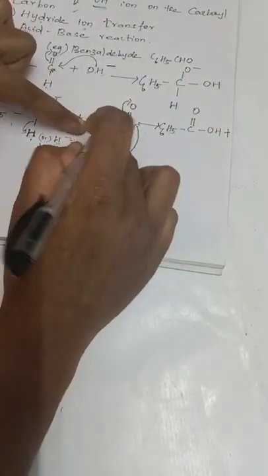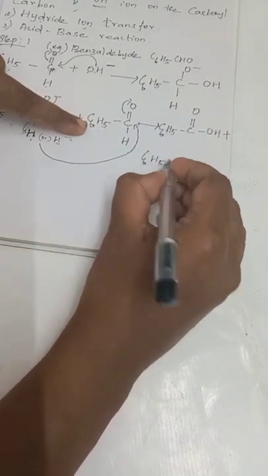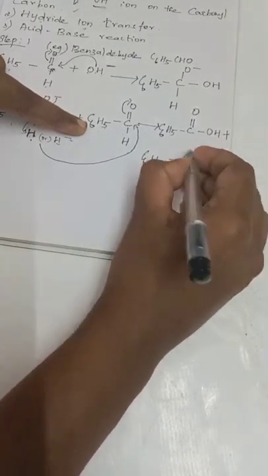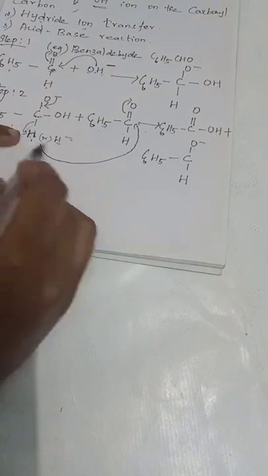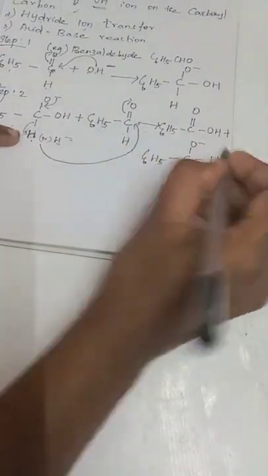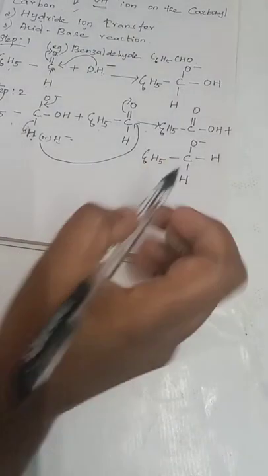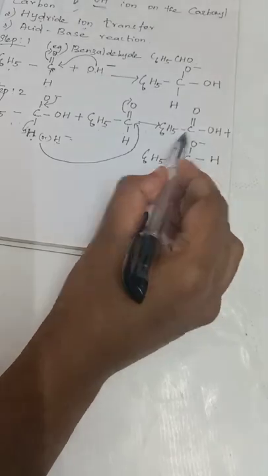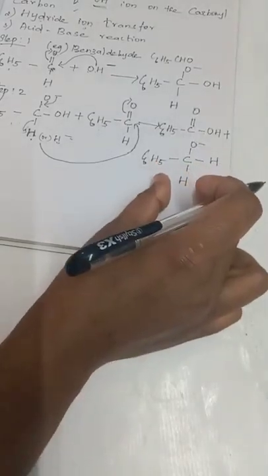Plus another product: C6H5-C-O⁻-H, with the hydride coming here as a bond to H. So this is the second step product. From this second step we got one acid, benzoic acid, and one intermediate product.